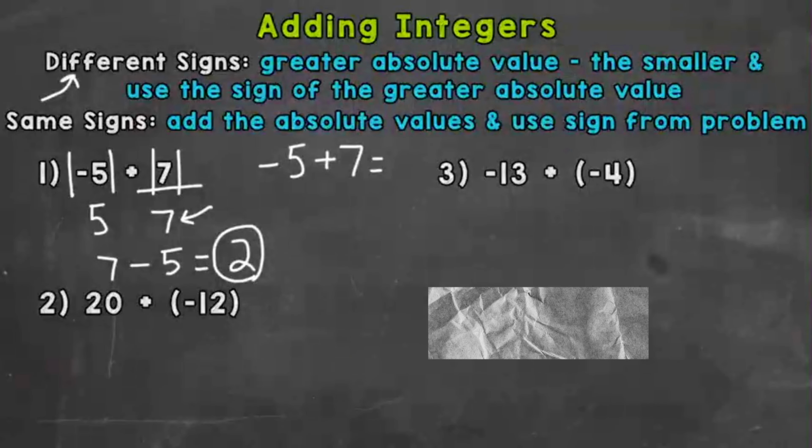So we are increasing in value. Well, negative 5 plus positive 5 will get us to 0. But we have 7, which is 2 more than the positive 5. So let's go 2 more than 0 and we land on positive 2.